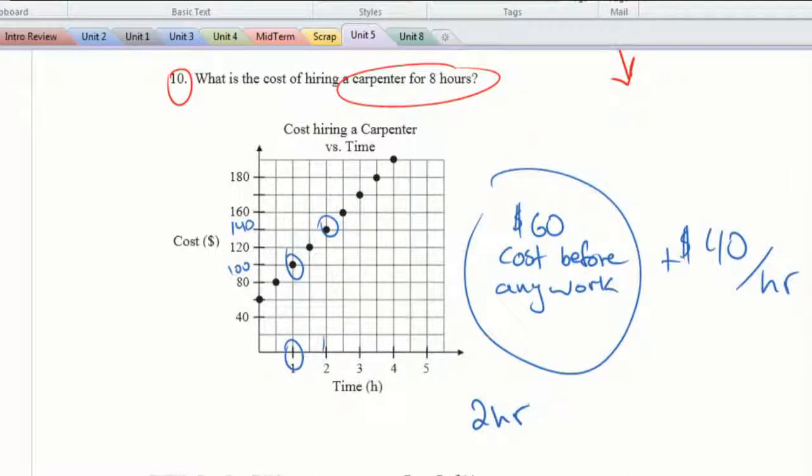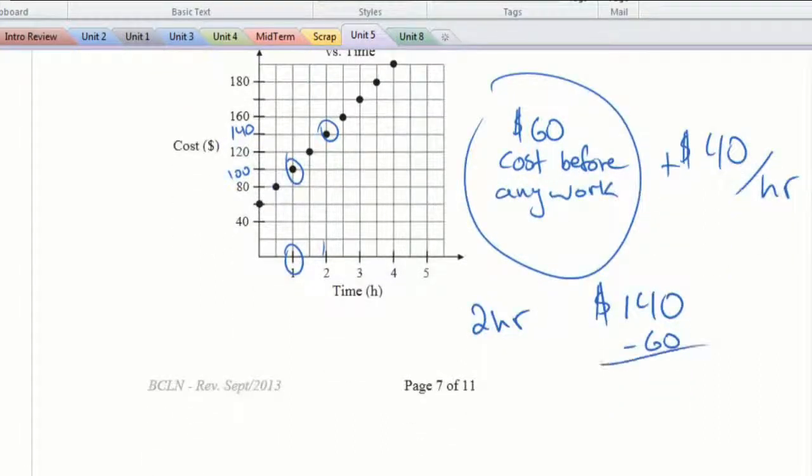I can see at 2 hours, I'm getting charged $140. If I subtract that 60, I'm left with $80. And is that 40 times 2? Yeah, that looks like 40 times 2.